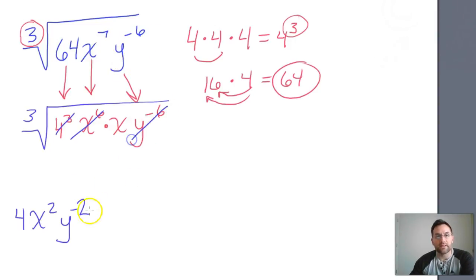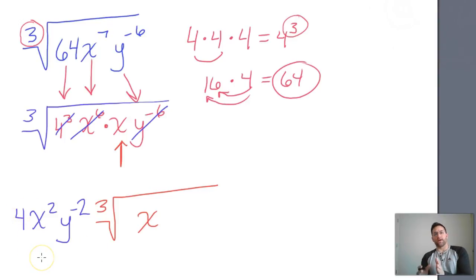Is there anything left in the radicand? Well, sure. We have this x right here, right? So it's the cubic root of x is left. So we end up with 4x squared times y to the negative 2nd times the cubic root of x.